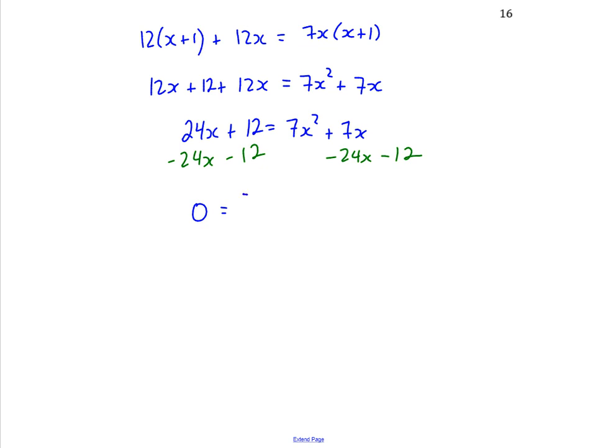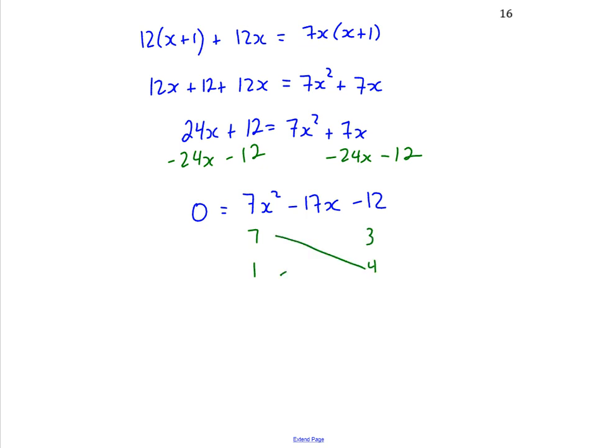Okay. So 7x squared, thank you for your help. Clearly I need it. 7 minus 24, negative 17x minus 12. Okay. Is this factorable? So we check. So let's try 7, 1, 3, 4, I guess.